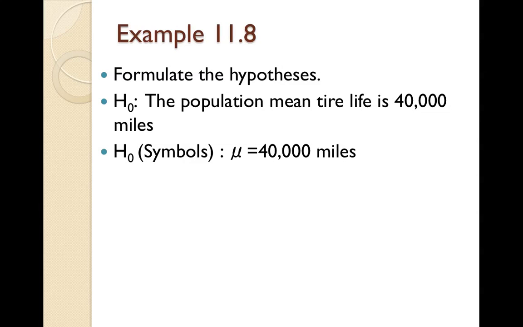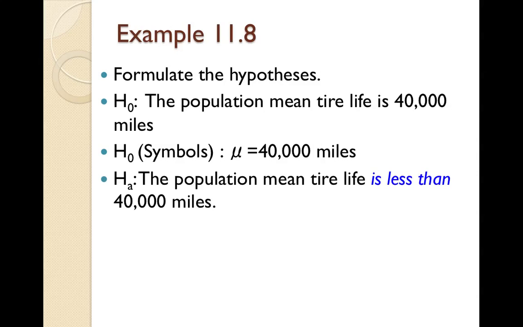What we are trying to show in this hypothesis test is that 40,000 is too high. So the alternative hypothesis, which is the counterclaim, is that the population mean tire life is less than 40,000. We always want our alternative hypothesis to use the phrase is less than or is greater than.